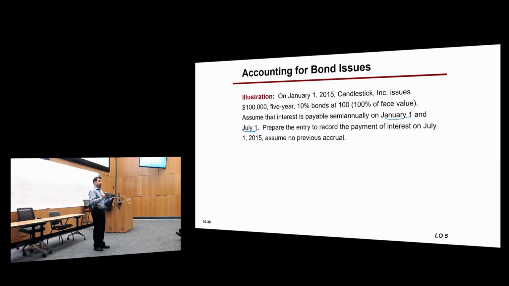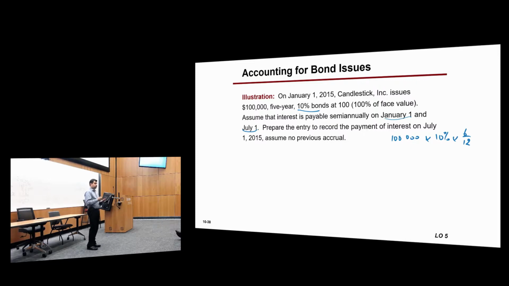Always. Okay? Now, this is for the year. If it's paid semi-annually, that means it's multiplied by 6/12, right? So this would be 100,000 multiplied by 10% multiplied by 6/12.